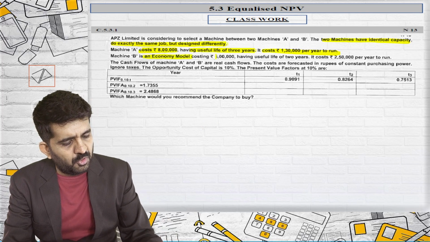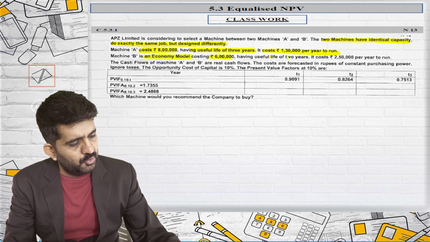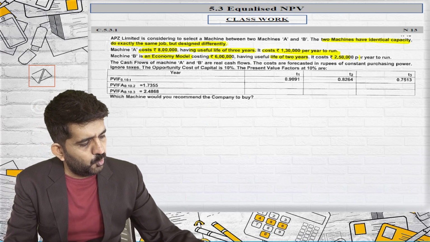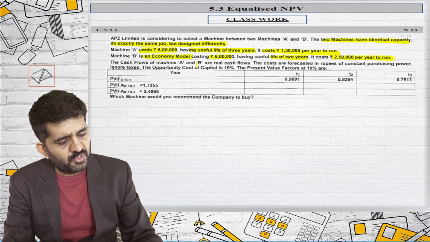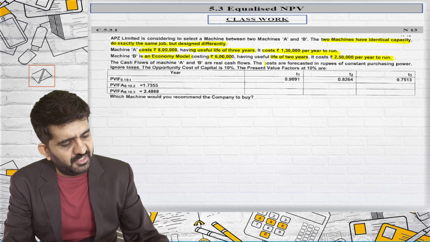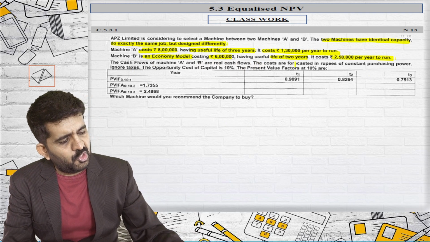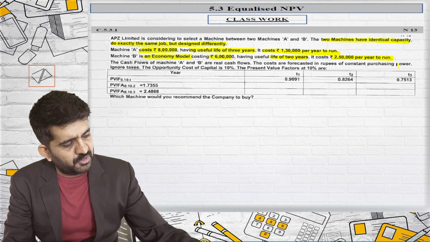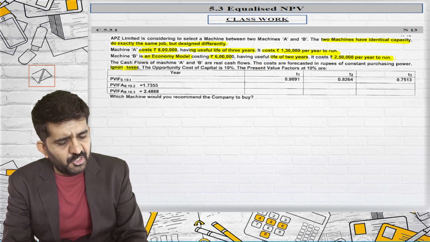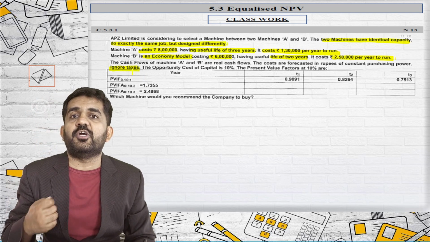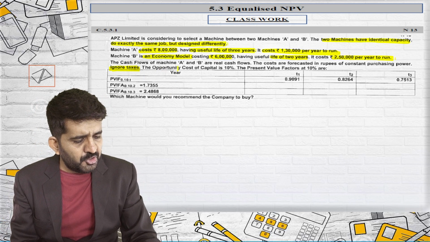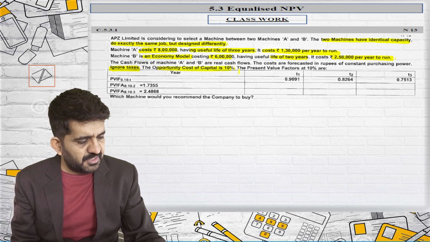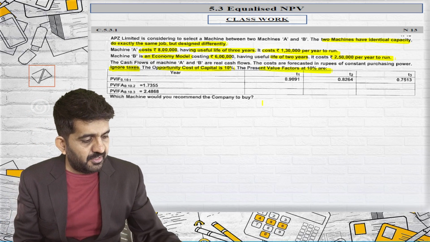Machine B is an economy model, 6 lakhs, useful life of 2 years, 2,50,000 per year to run. The cash flows of machines A and B are real cash flows. The costs are forecasted in rupees of constant purchasing power. Ignore taxes. Once I ignore taxes, I'll even be ignoring the depreciation. The opportunity cost of capital is 10%.